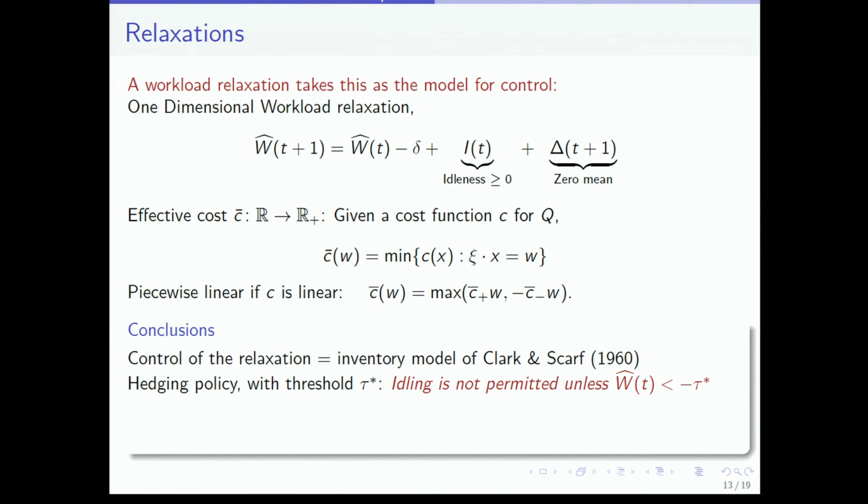Now the second ingredient: we have this one-dimensional process, so we can use some ideas of inventory models similar to Clarkin's curve, and continuous approximation by reflected Brownian motion suggests that we will need to look into a threshold policy, and that the value of the threshold will be of this form.